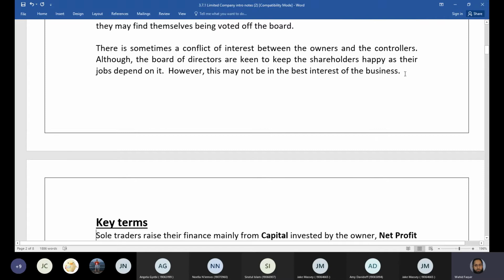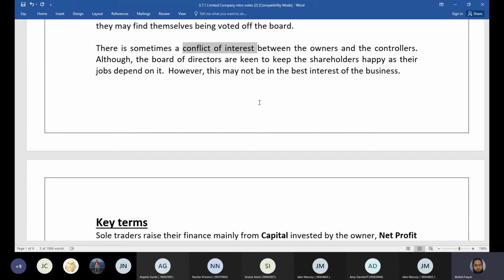Now this is important as well. This is again background, it is business studies, but it's interesting and you should have an idea of what it means. Conflicts of interest. Very quickly, when a limited company generates profit, the profit can be used for various things.